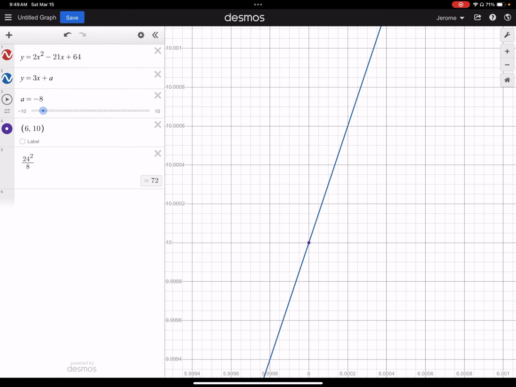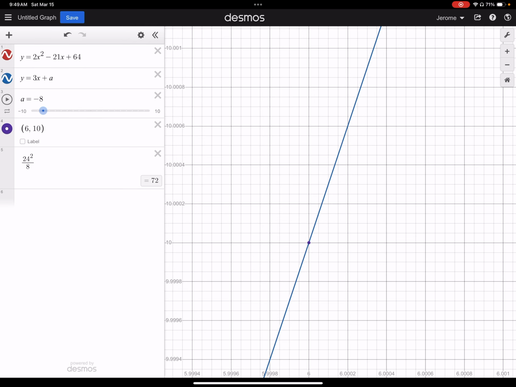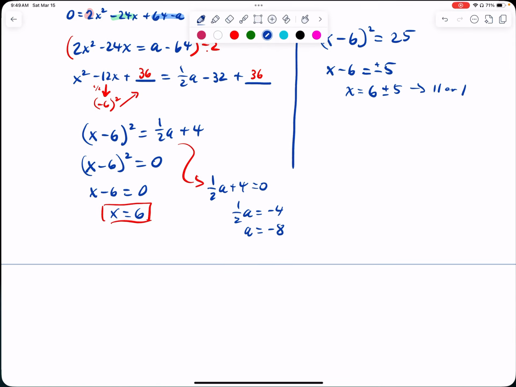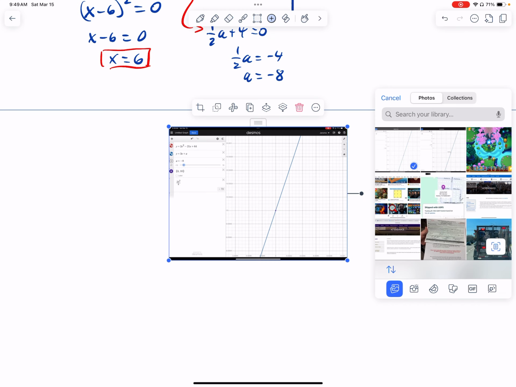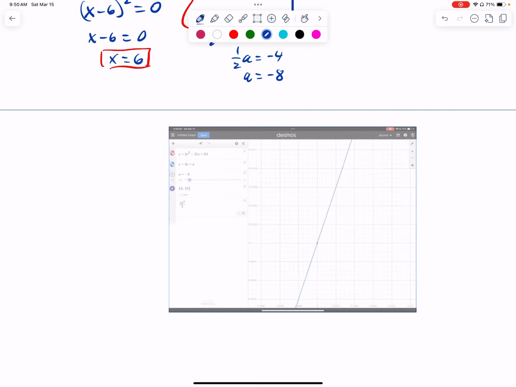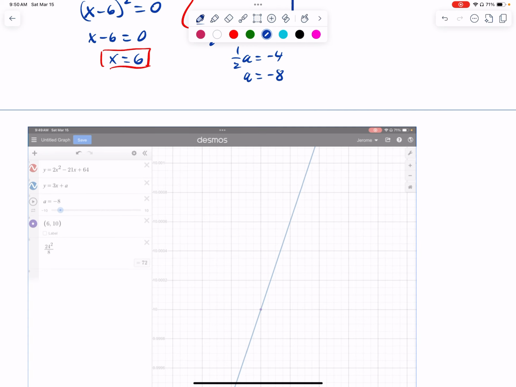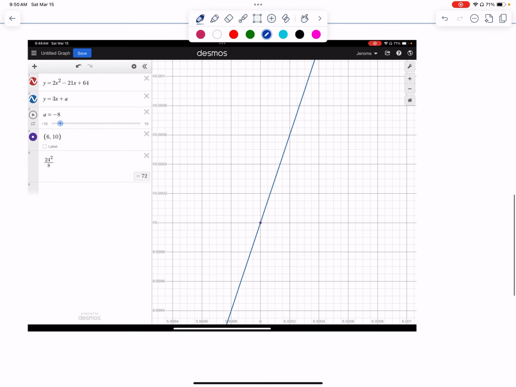And here, let me snap this picture real quick. And then bring this back over here into Notability so I can draw on this thing. If I were going to just measure the slope using rise over run, starting from the point of tangency right here, and then just coming straight up, and then coming over here, I have a 3 over 1, so my slope is equal to 3.